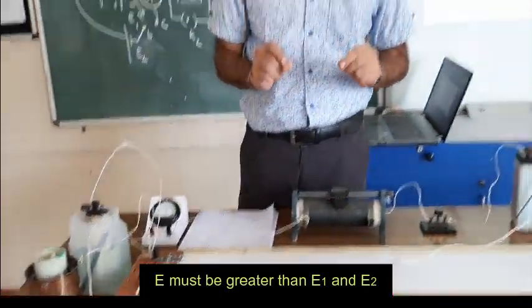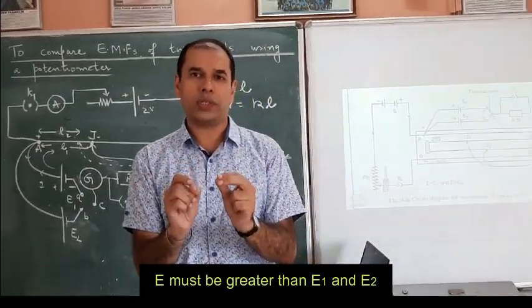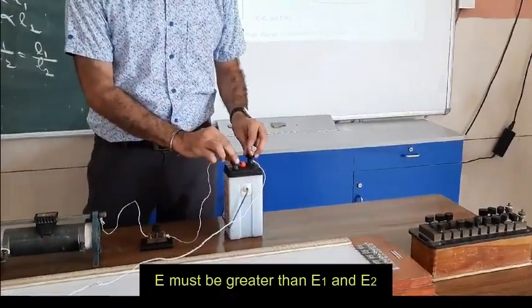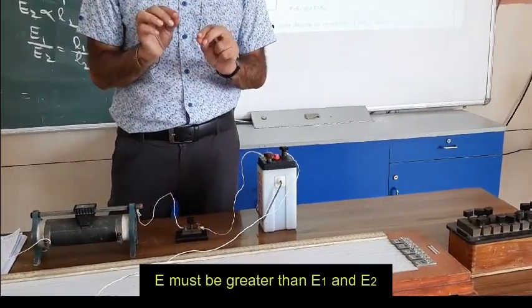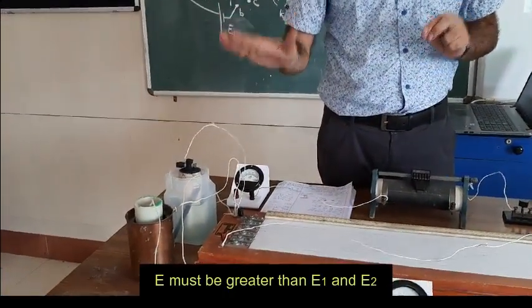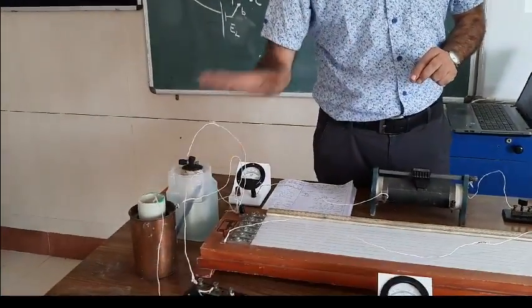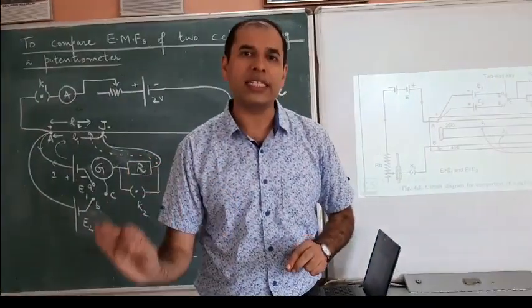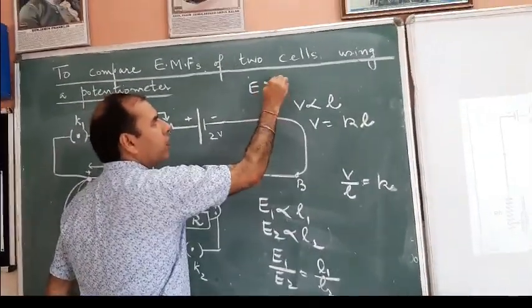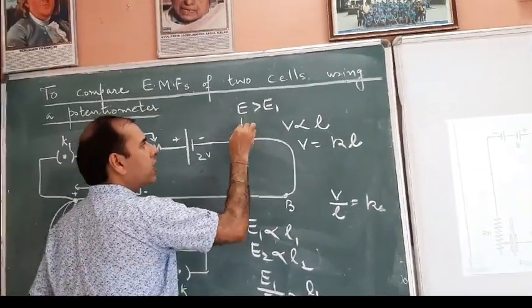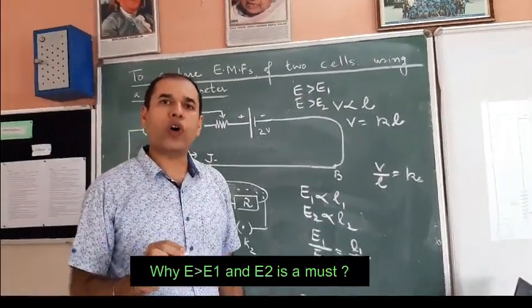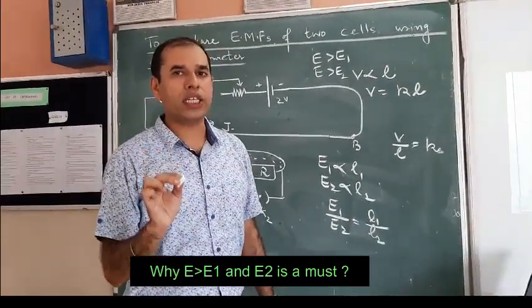For that, we have to take a voltmeter, and with the help of the voltmeter, measure the potential drop across the battery E. Then using the same voltmeter, measure the potential drop across the Leclanché cell, and using the same voltmeter, measure the potential difference across the Daniell cell, and make sure that E is greater than E1, and also E is greater than E2. Why is it so? Why do we want E to be greater than E1 and E2?